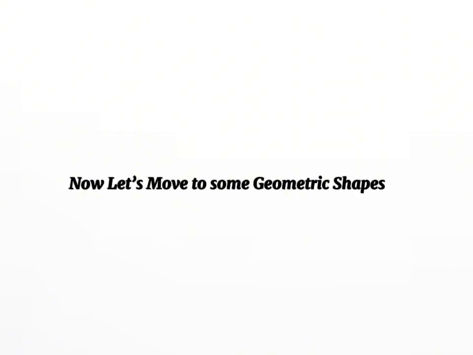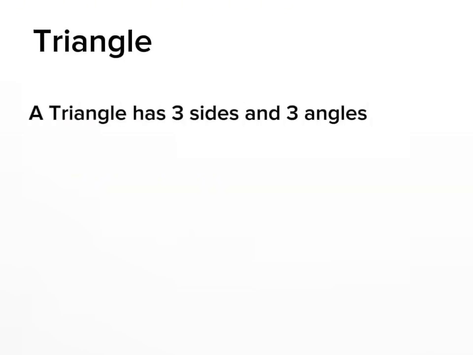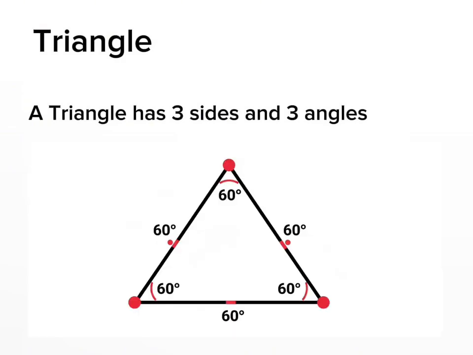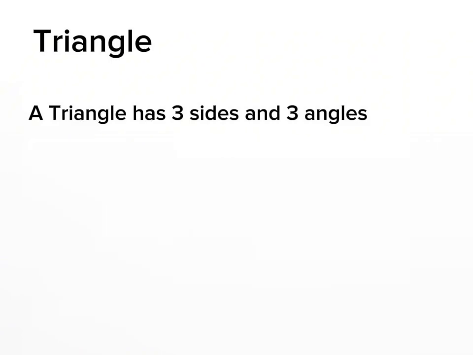Now let's move to some geometric shapes, like triangle. A triangle has 3 sides and 3 angles, just like this example. You can see there are 3 angles. All 3 of them are 60 degrees here. Don't mind the 60 degrees that is mentioned on the sides, because that's always in meters or centimeters.